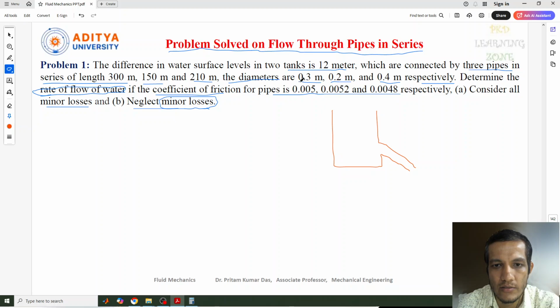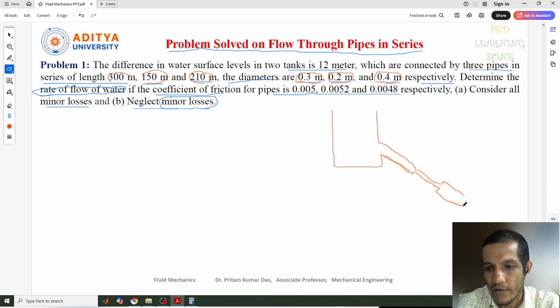Pipe first one 0.3, again this is 0.2 and this is 0.4. The lengths are also different: this is 300 meter, this is 150 meter and next is 210 meter. Suppose this is the first pipe with diameter 0.3, then it is reduced, moves like this, and then from 0.2 to 0.4 it is expanded.